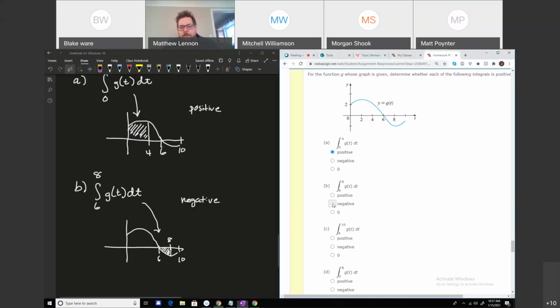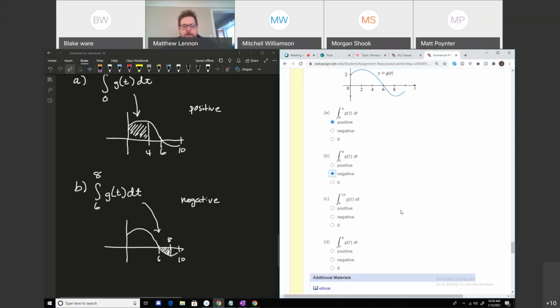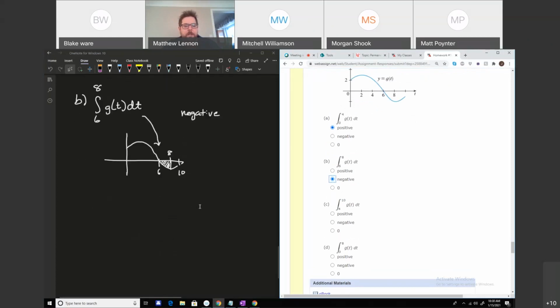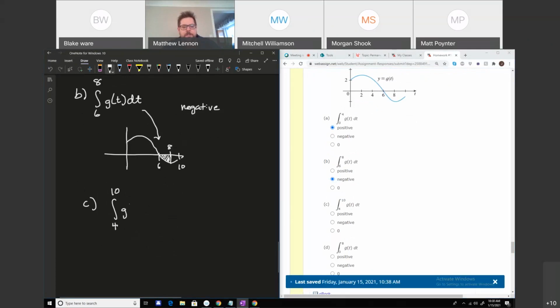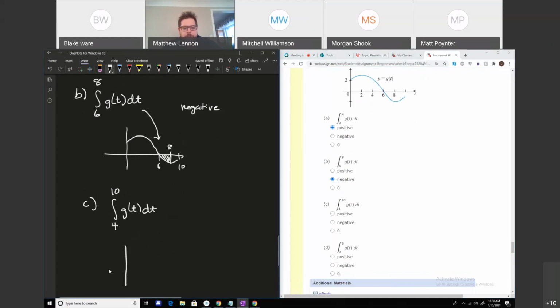So we get negative. For 4 to 10, we're going to have to do a little bit of a comparison, right? Because we've got a negative and a positive region there. So we're doing 4 to 10, g of t dt. So we get our picture again.